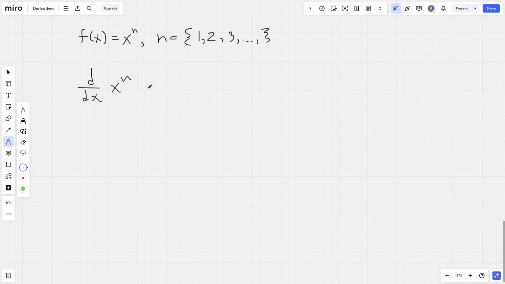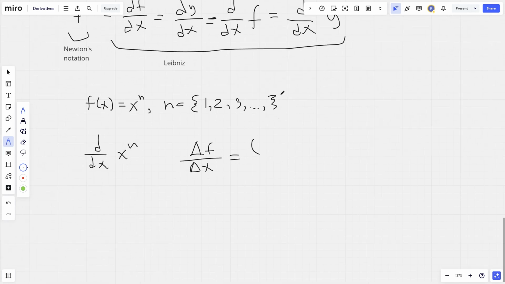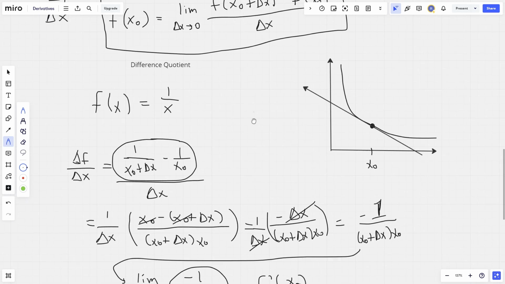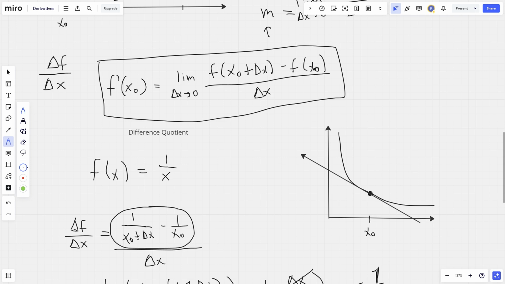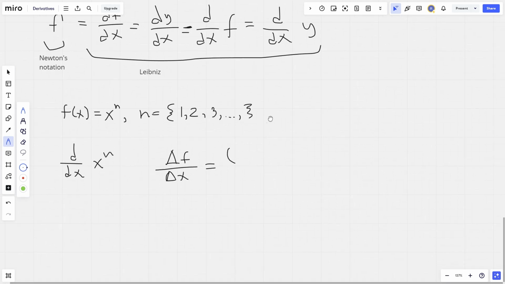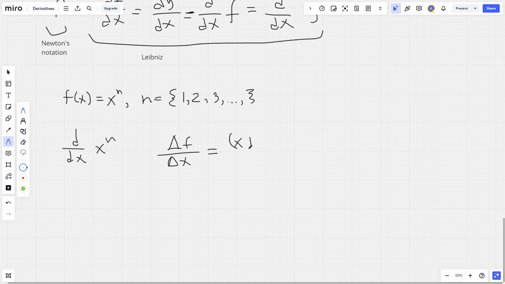If you remember the difference quotient from before, delta f over delta x, this is equal to f of x0 plus delta x minus f of x0, over delta x, right? So we get x plus delta x to the power of n, that's f of x plus delta x, minus x to the n, that's f of x, over delta x.